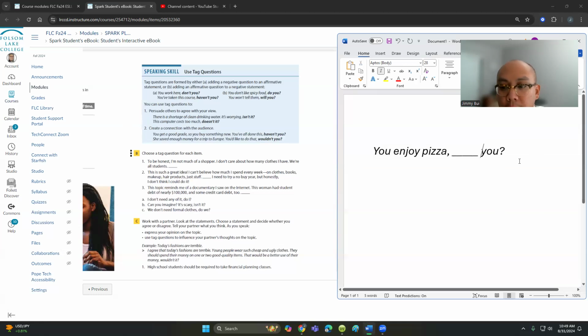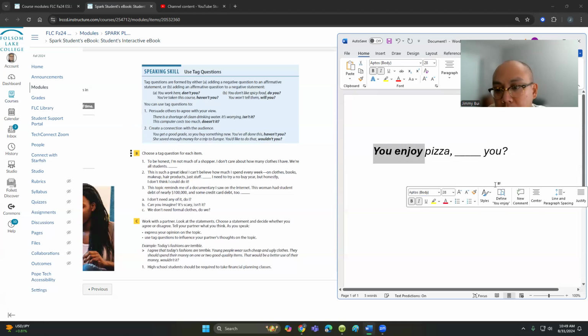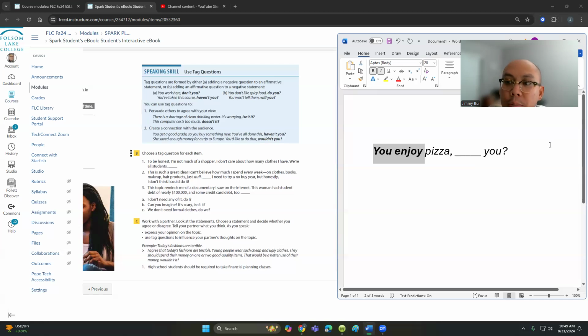And so again, taking a look at this, subject plus verb written in the simple present. So we want to make the opposite here to be more convincing, right? To try and get somebody to agree with our view or to make that connection with the audience.